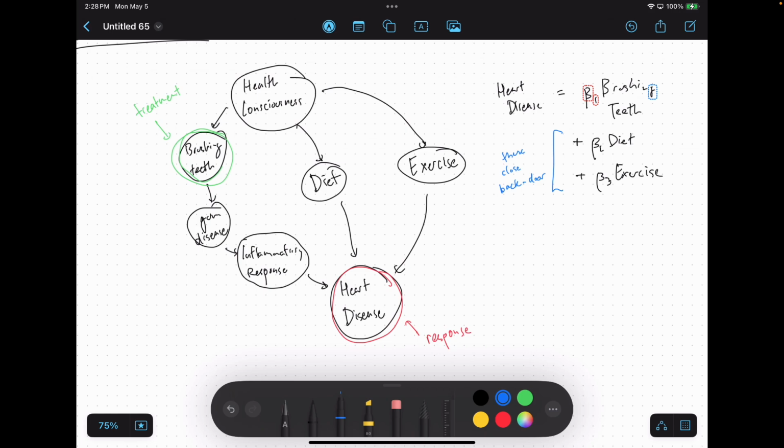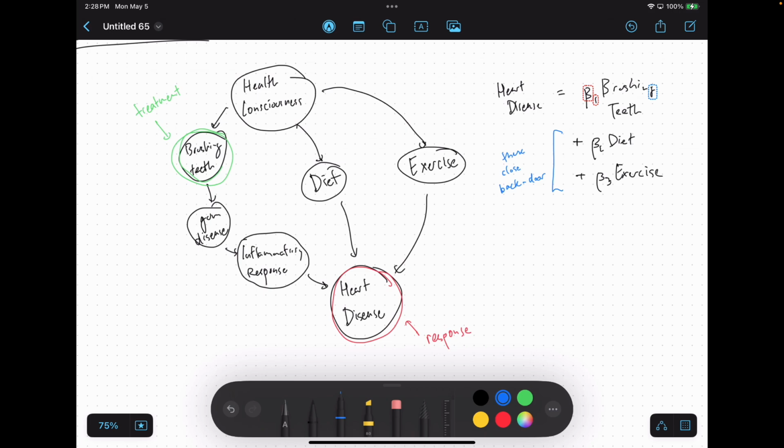So the idea, right, is that if I didn't control for these paths, then I will say something like, I'm brushing my teeth and I observe a heart disease outcome. But that heart disease outcome could have been coming from other aspects related to a person's health consciousness, such as how much they ate and how much they exercised, right? And if I only include brushing teeth and the outcome of heart disease, and I'm attributing everything to just brushing my teeth, well, I don't know anything about how diet and exercise contributed to my heart disease, right?